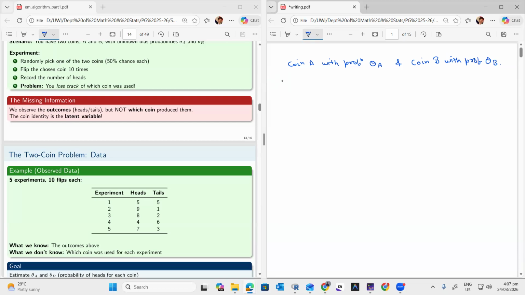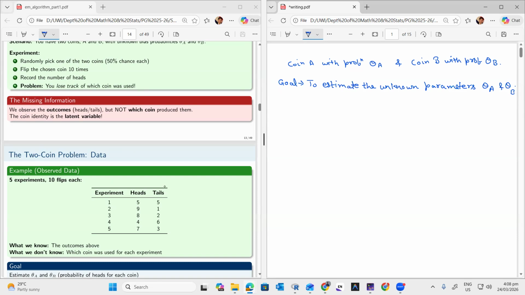Both of them are unknown because we don't know in which experiment we used which coin.